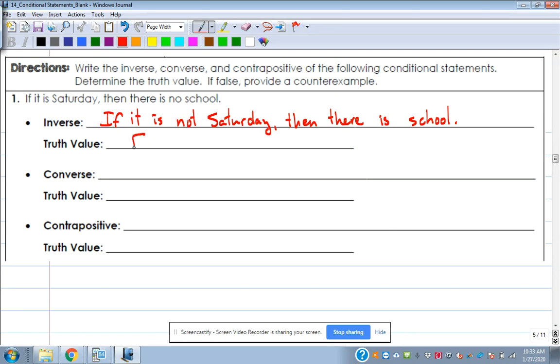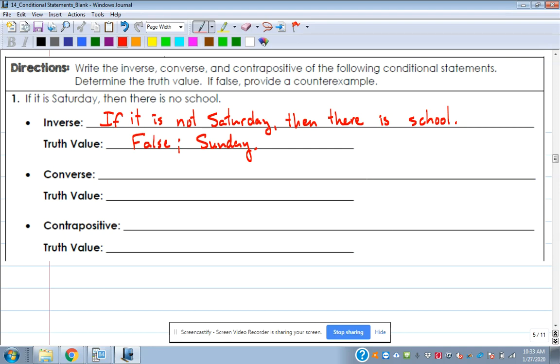It'd be false, right? The counterexample would be Sunday. Technically, we're talking about regular school, not Sunday school. Different kind of school. All right, so again, the inverse negates both. The original had a no in the conclusion, so the negation takes the no out. The hypothesis did not have the negative word in it, so we put it in.